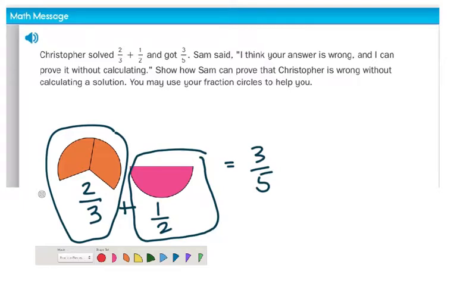So that does not make sense. So those fraction circle pieces in your e-toolkit will help. You also have them if you want to cut them out in the back of your math journal. So even without solving it, I can tell that 2/3 and 1/2 would equal more than 1 whole. So I know that answer is not correct.